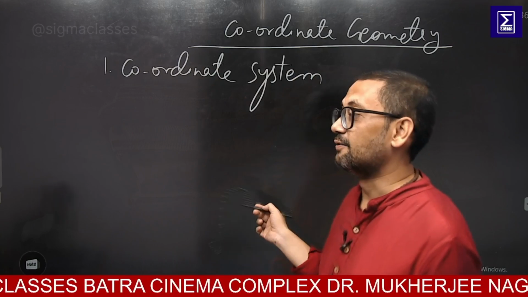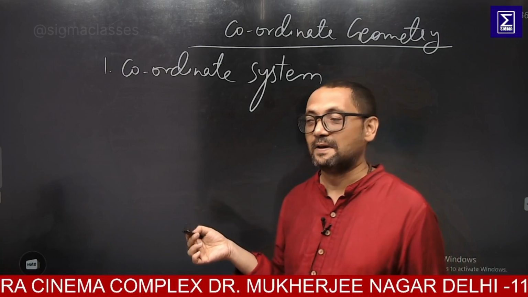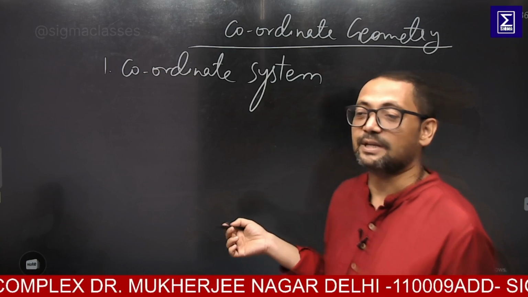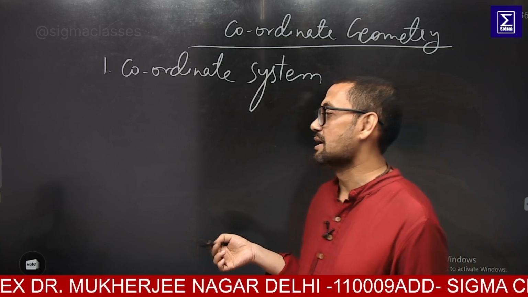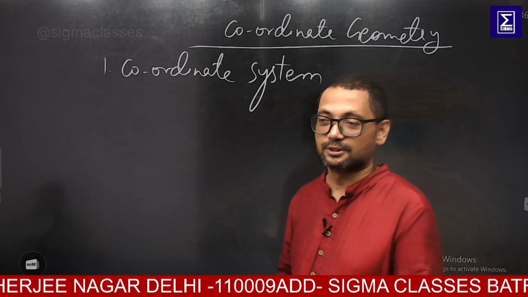let's say, shifting of origin and transformation of axis. Then we will do the basics of distance formula that you have already done, and section formula, both internal and external.